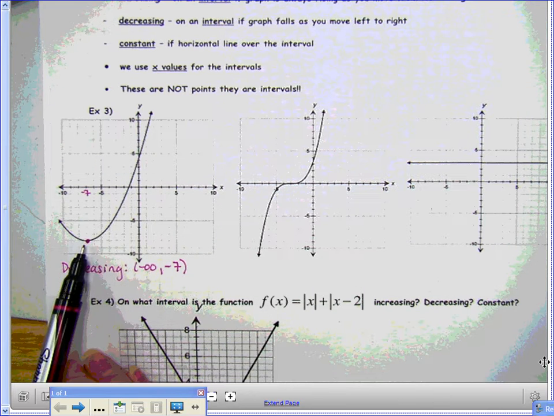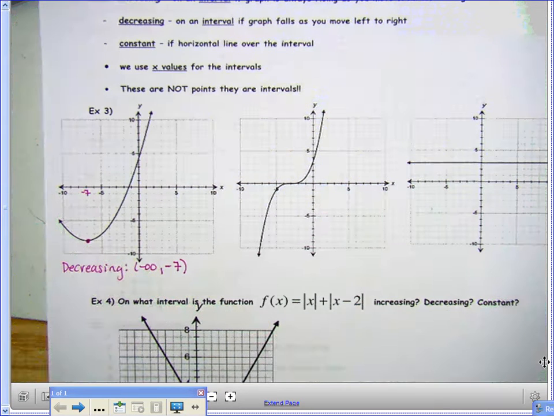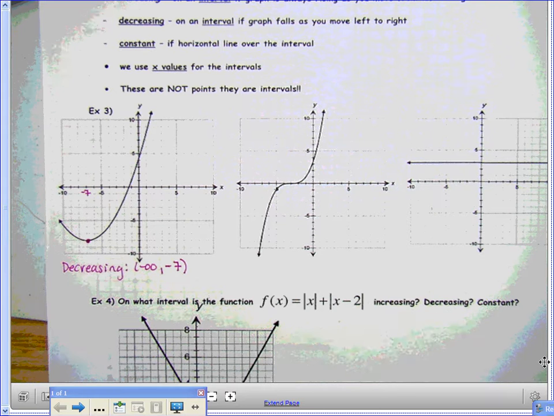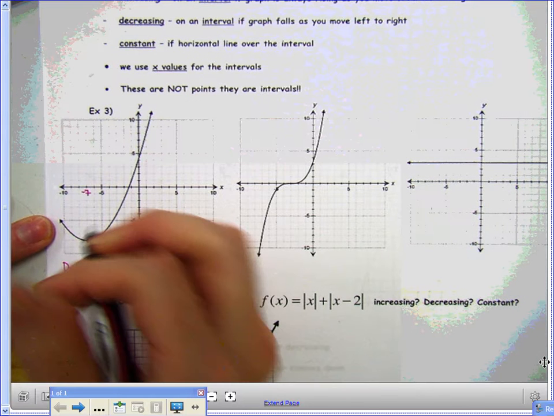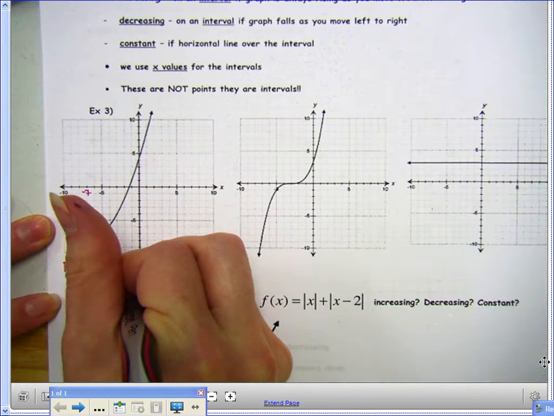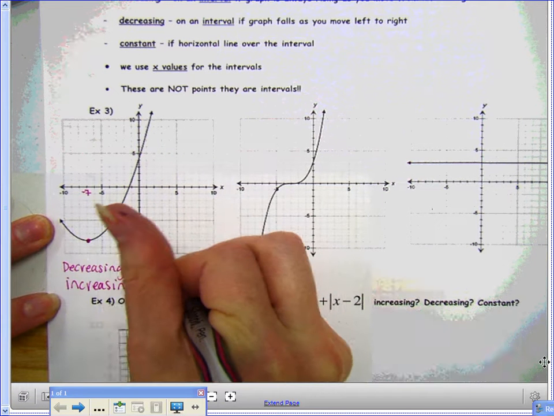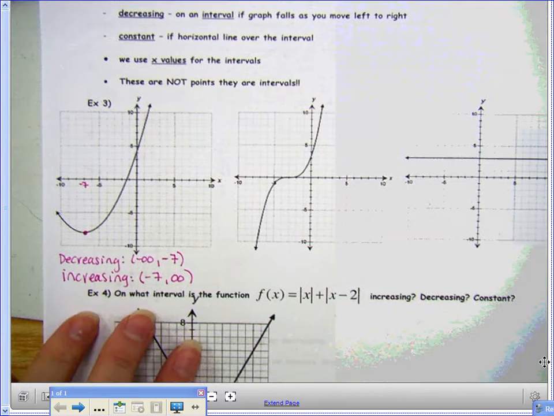We don't say that negative 7 is increasing or decreasing. It's neither, since it's the point that we're changing over. So we use parentheses. And then from negative 7 on, we said we were increasing. So parentheses, negative 7 to infinity, is how I would write that.